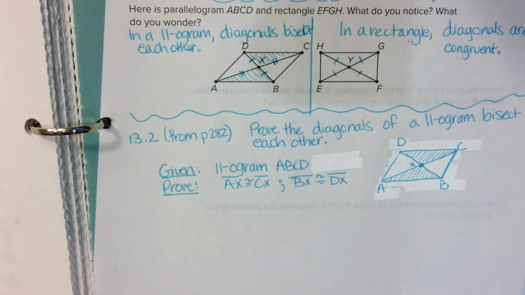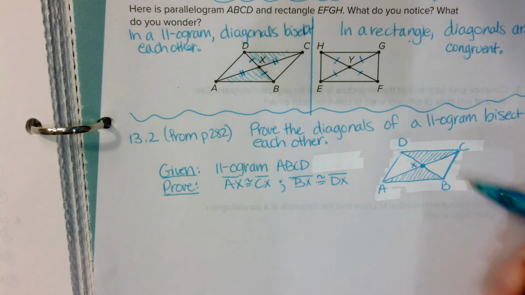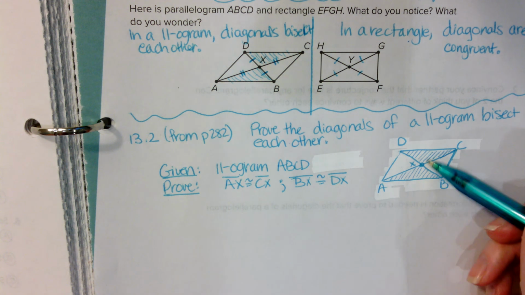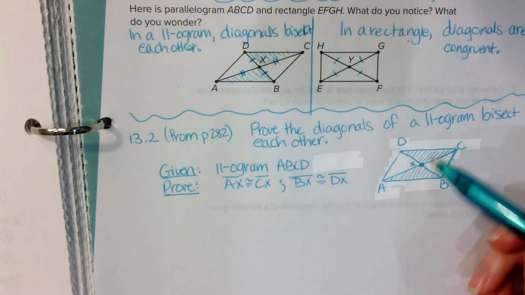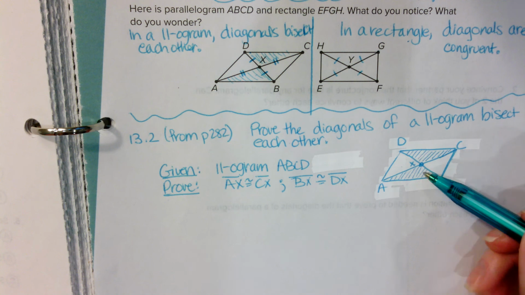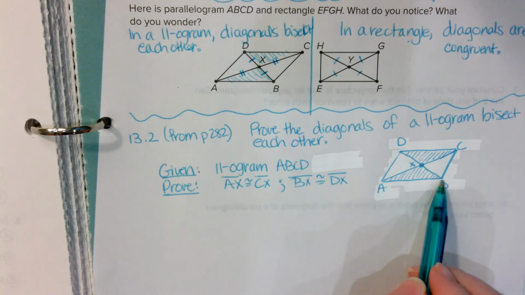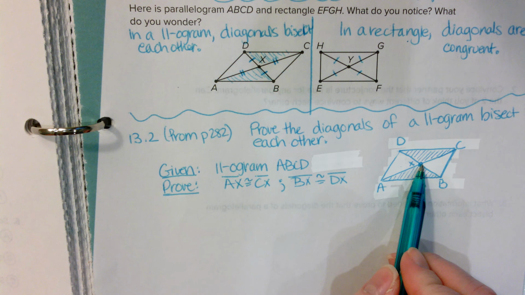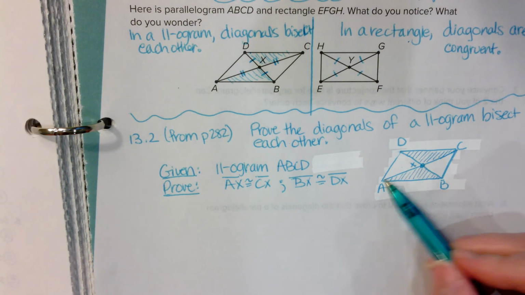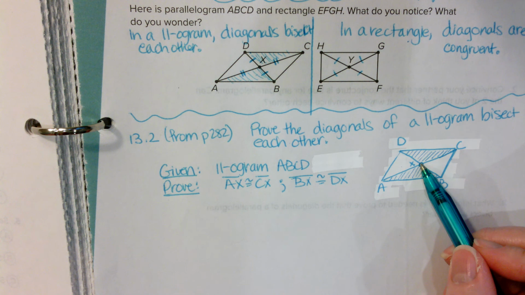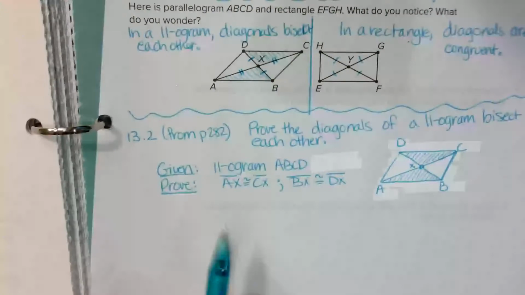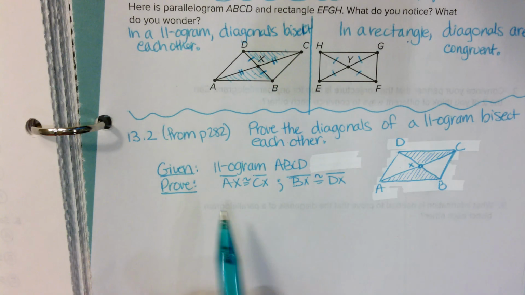So I'm going to show these 2 blue triangles are congruent. If these 2 blue triangles are congruent, then DX and BX would be corresponding parts of 2 congruent triangles, so they'd be congruent. And AX and CX would be corresponding parts of 2 congruent triangles, so they'd be congruent, and I prove this. So let's get started.